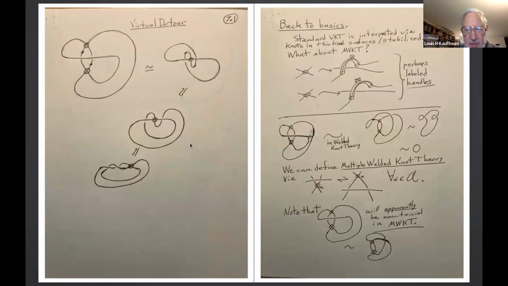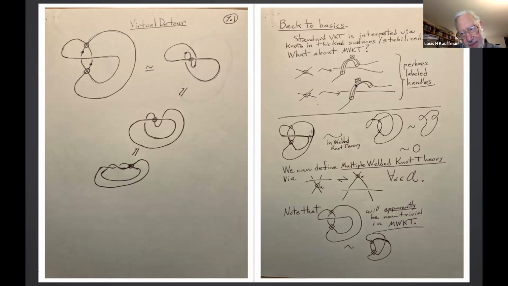I can ask the question, is there a surface interpretation for multiple virtual knot theory? If you think of a virtual crossing as a handle detour, then you could have handles that are labeled by the different virtual crossing types and play with that. But I don't claim to have a good interpretation, one that I'm proud of.